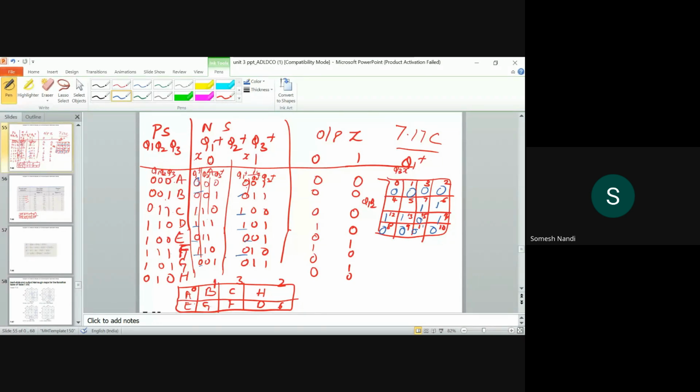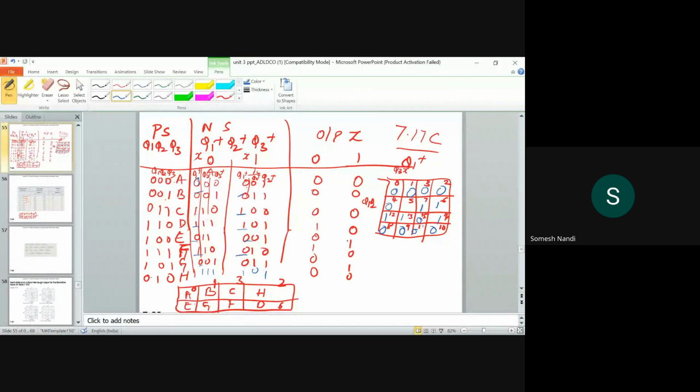Then next one is 0 1 0 0. So 0 1 0 0 is 4. In place of 4, we have a 0. Sorry, this I have not written, I think, for H and this one. So for H, what is the value? It is triple 1. And for this, it is 101.